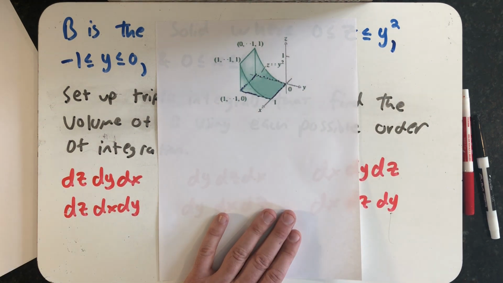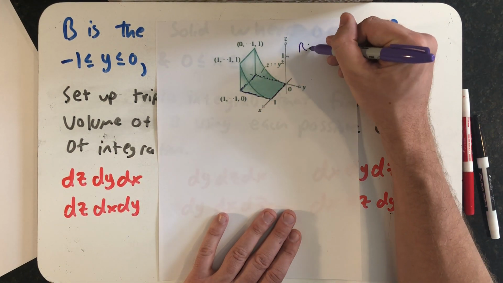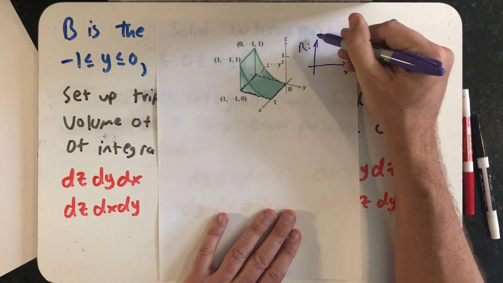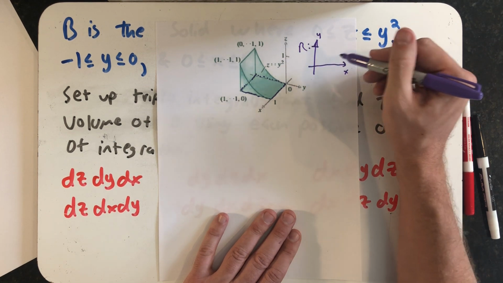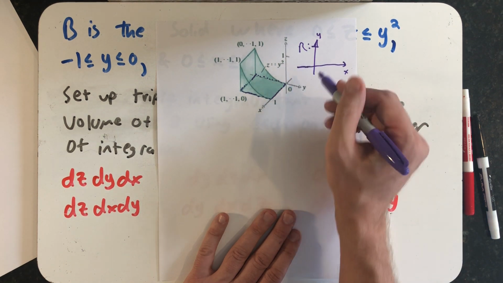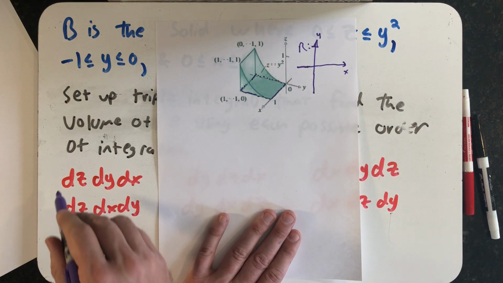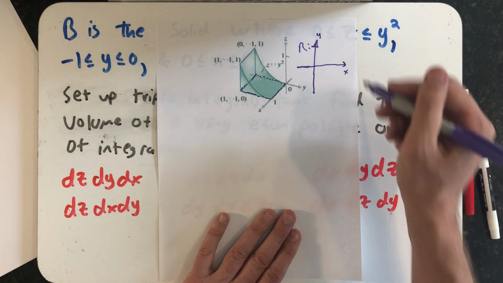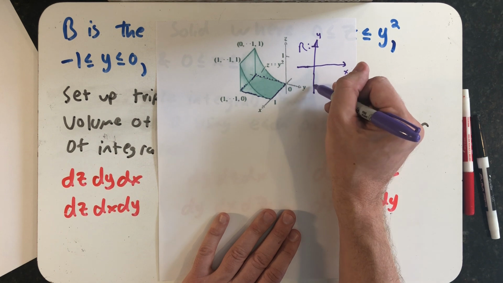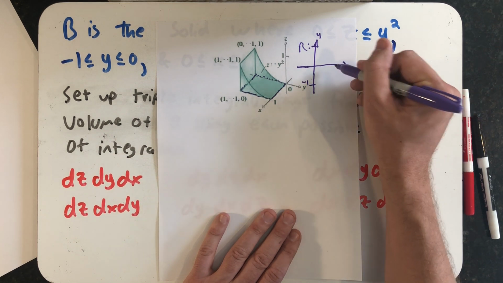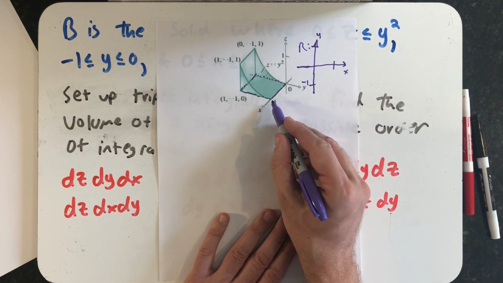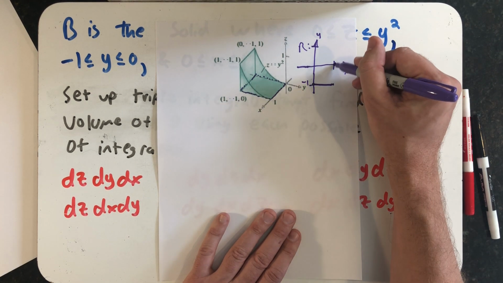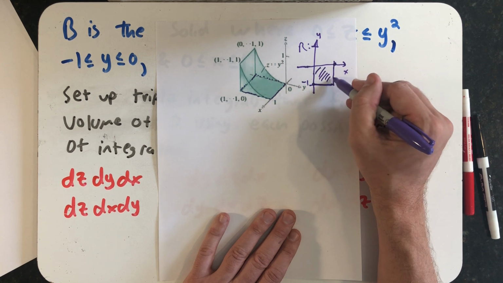So I have B there, and now I have the region R that I like to think about in the XY plane. It's nice to realize that for these two orders of integration, since z is going first, the projection plane is the same. It doesn't matter what order I did them in to determine that plane. All right, so here I'm out at x equals 1. And here I'm at -1 on the y-axis, so it's this square here.